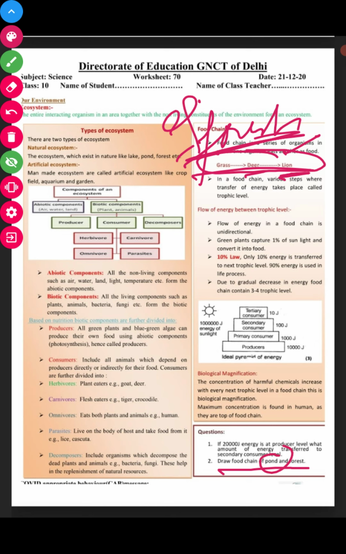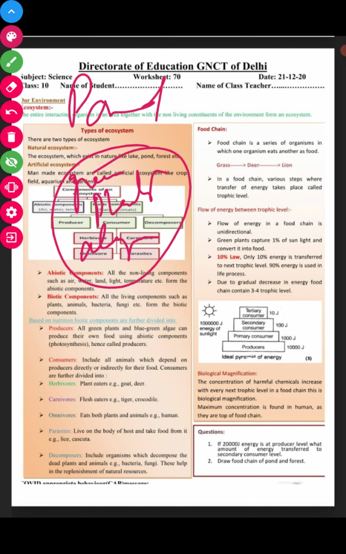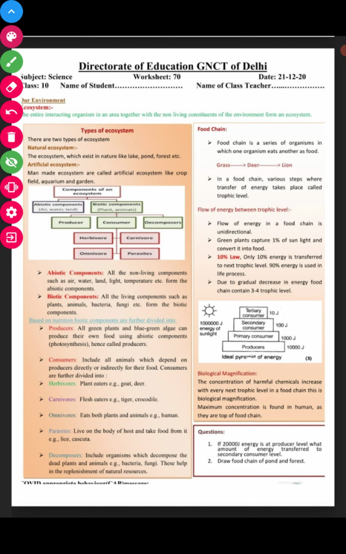And for the pond, we can make one. If we take small green plants called algae, and in the ocean they are called phytoplanktons, these tiny green plants are eaten by small insects.